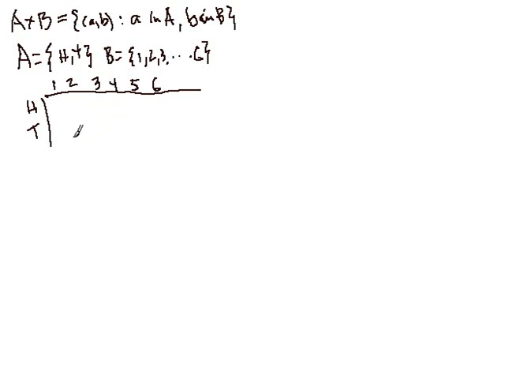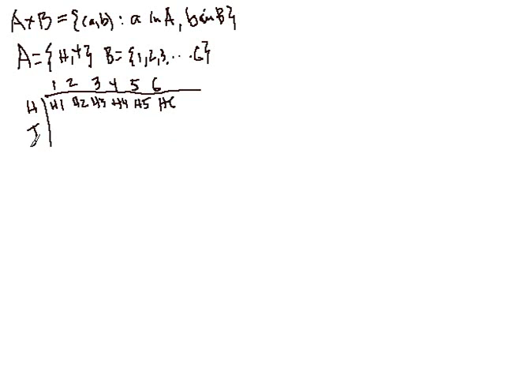Now, how are we going to then form these pairs? Well, everything in the H row is going to have to start with an H. So it's going to be H1, H2, H3, H4, H5, and H6.